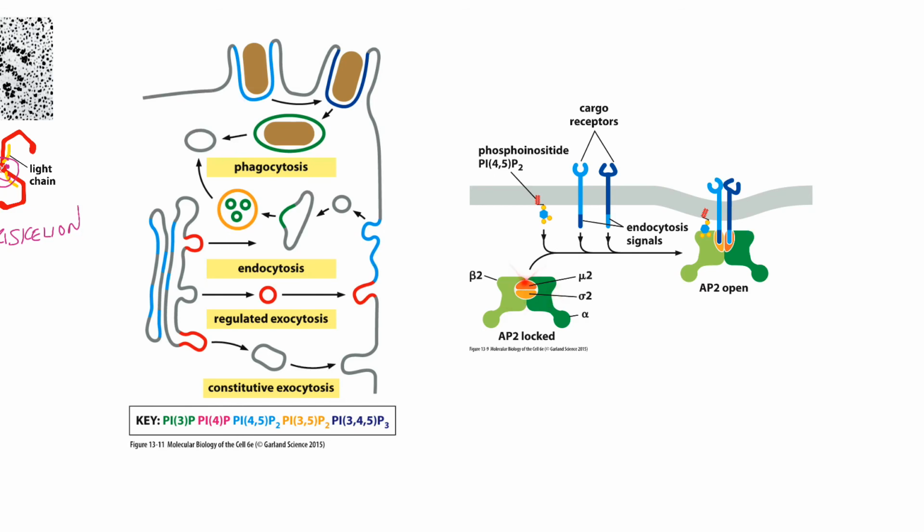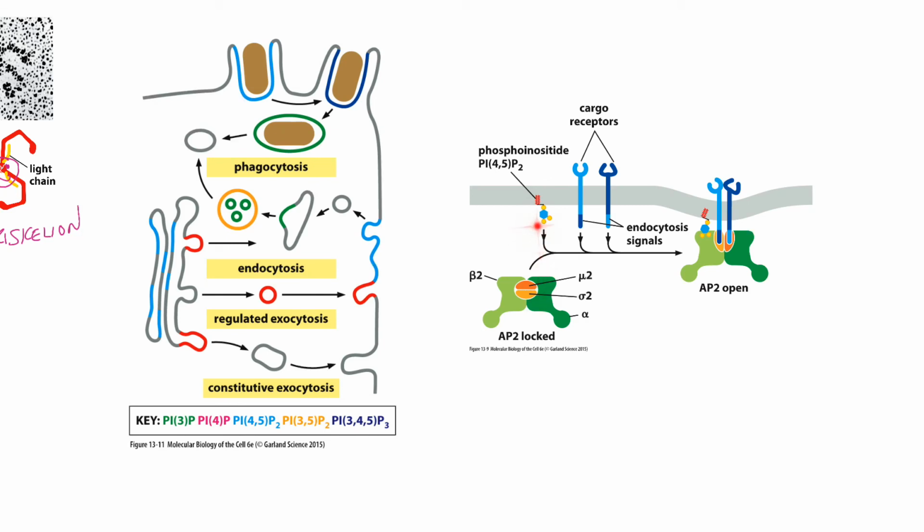So you have an adapter protein here with binding sites that eventually are going to recognize the trafficking motifs of the cargo receptors. So this would be the NPXY or the YXXΦ of a table from a couple of videos ago. So at this stage, the adapter AP2 can't bind, but if it associates with the appropriate phosphatidylinositol, and that means that this has to be clustered before anything else happens in order to begin endocytosis here.